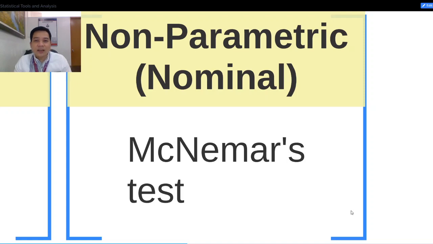And lastly, if your data are nominal, you will be using non-parametric, and the type of test will be McNemar's test. Okay? See, I'm teaching you the test without the formula yet. Of course, what we need to understand here and to develop is the skill of analyzing the appropriate test for the appropriate research question or objective or situation.